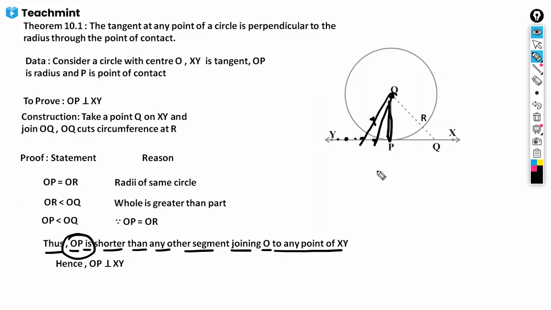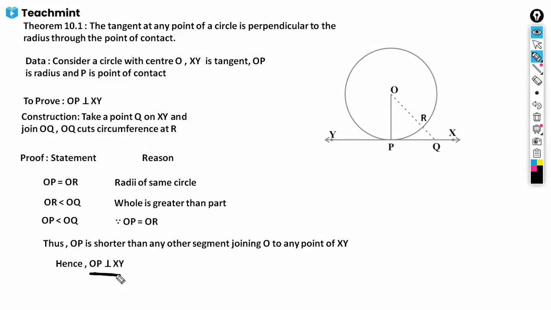OP is always shortest, which is what I have proved. If it is shortest, then what can I write? OP is perpendicular to XY. The theorem is complete. This is what I need.